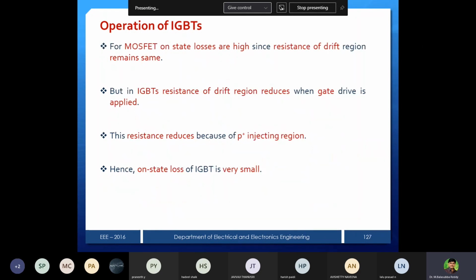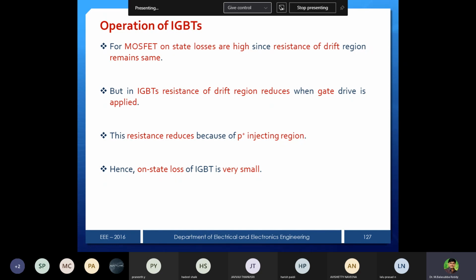Now the MOSFET on-state losses are high, because the resistance of the drift region remains the same. Whereas in the IGBT case, we are injecting more charge carriers into the drift region, so the resistance drop is minimized. That is why the resistance of the drift region reduces in the IGBT when the gate drive is applied.